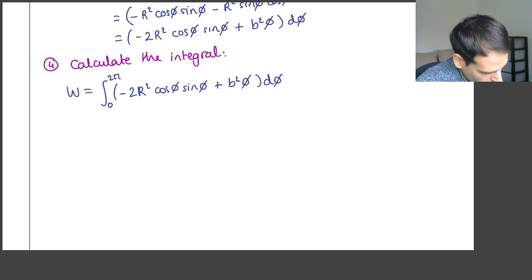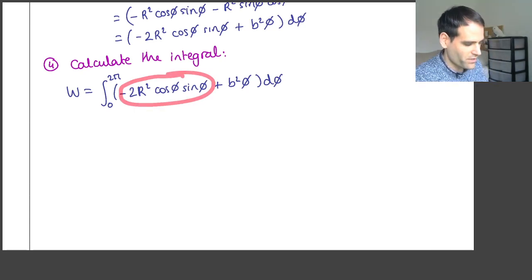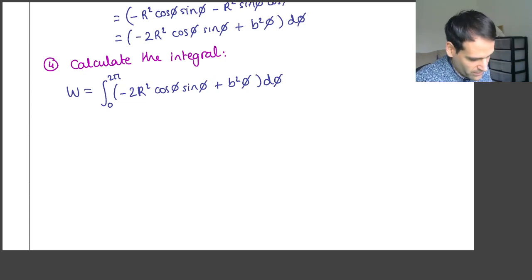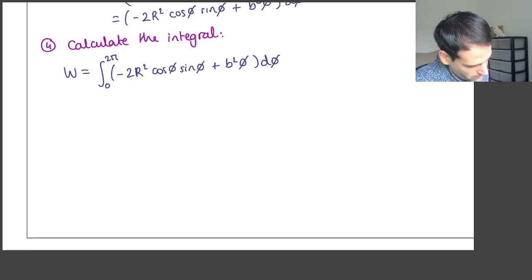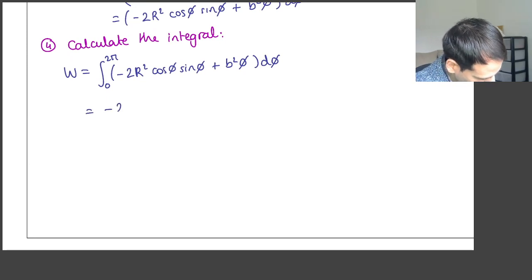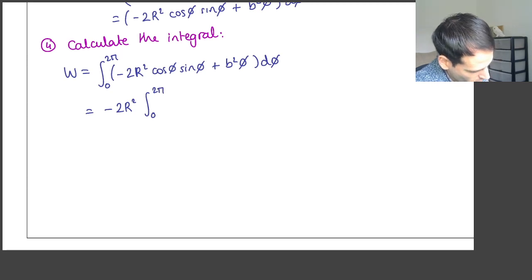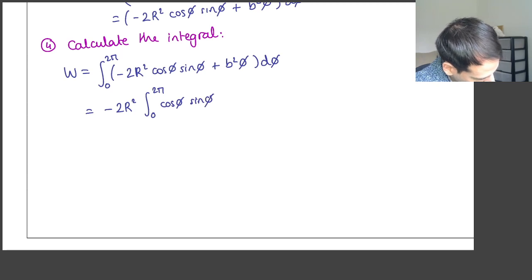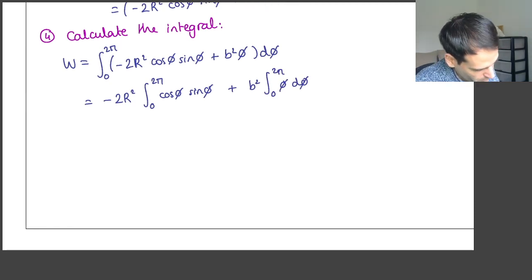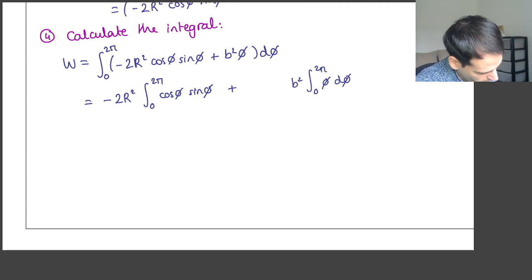If you're scared about this integral, you shouldn't, because actually the result is quite simple. So let's leave minus 2r squared outside. Okay, so let's do the integral from 0 to 2 pi of cosine times sine, and then plus b squared times the integral from 0 to 2 pi of phi d phi. So, oops, don't forget your d phi's.